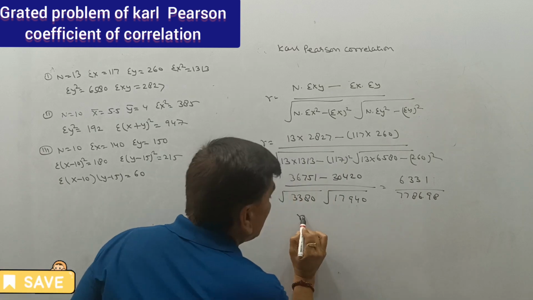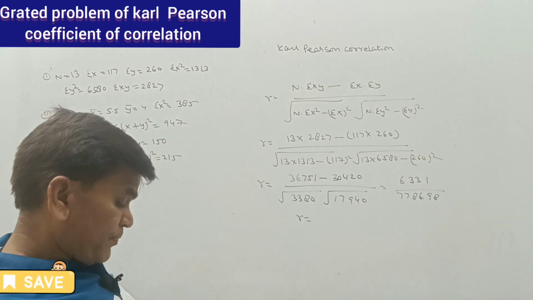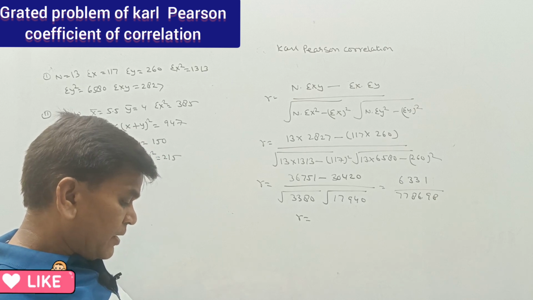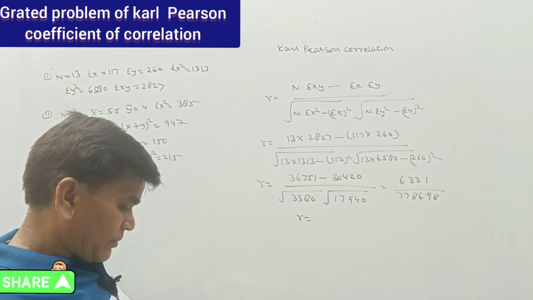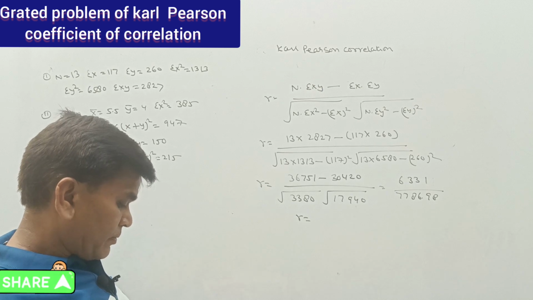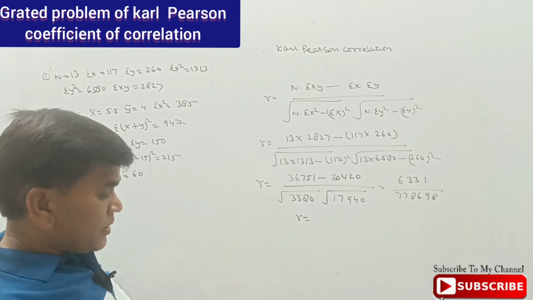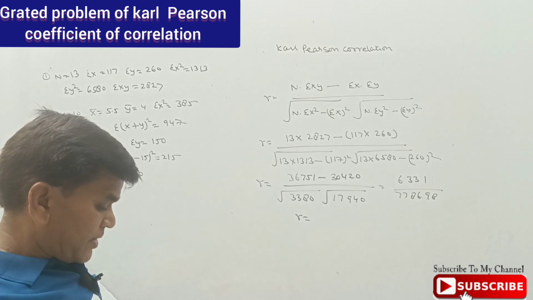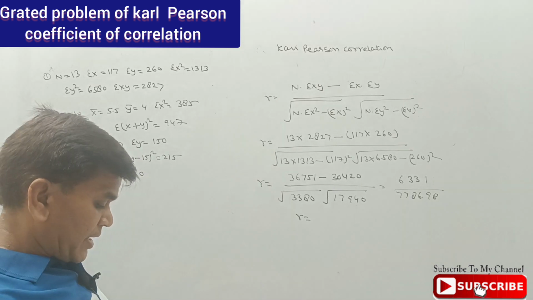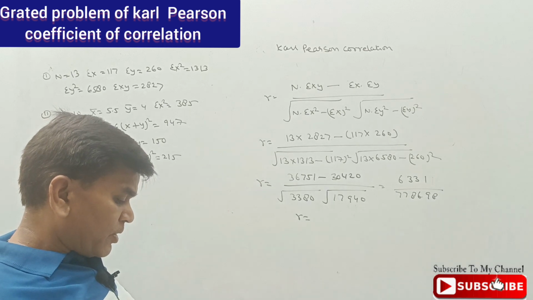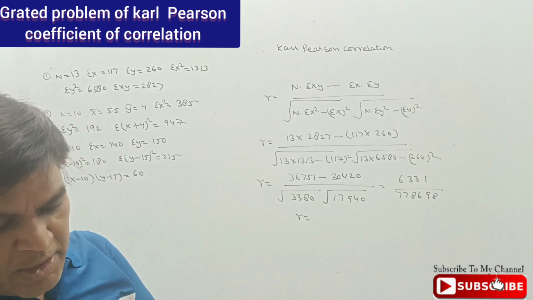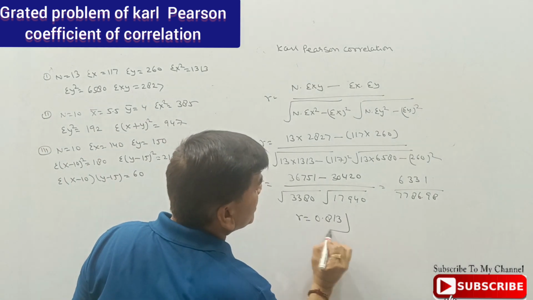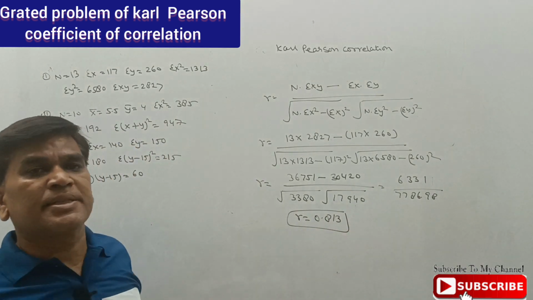The value of r will be 6331 divided by 7786.98, so the value of correlation is equal to 0.813.